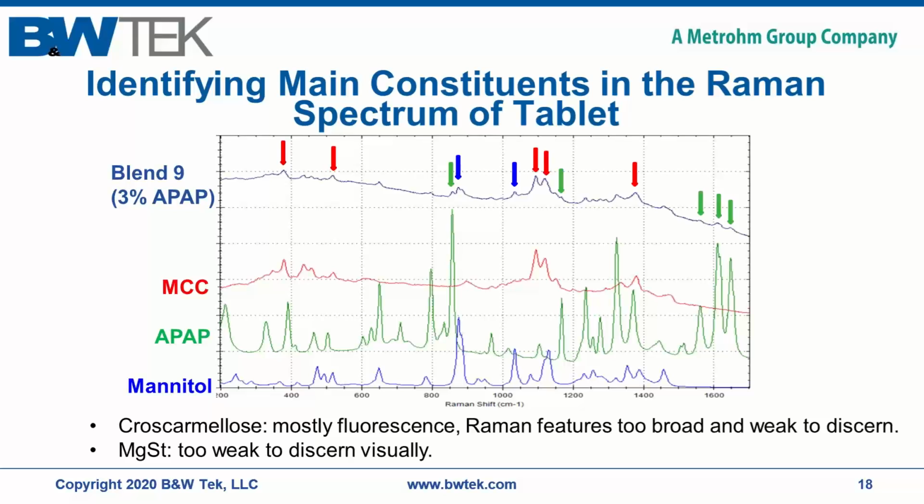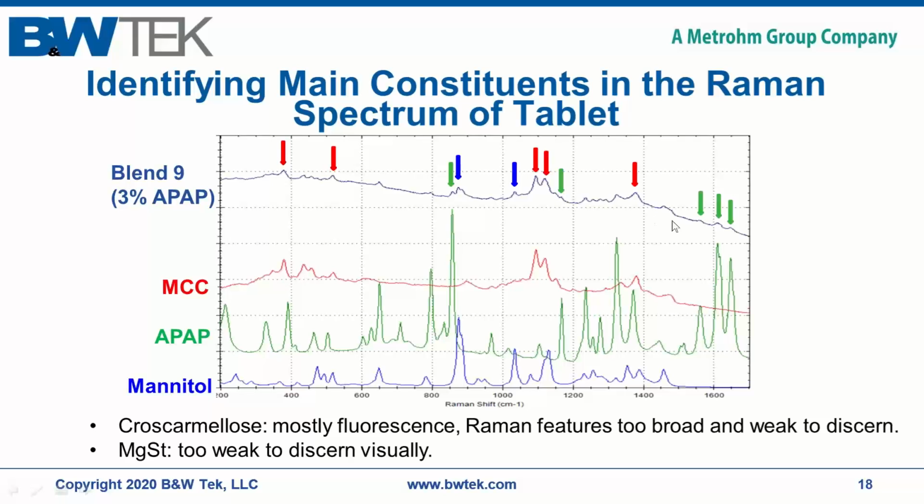And this is showing us how good the Raman spectroscopy is for the materials that we're wanting to measure. And this is a very good first step before developing a calibration model, is to look at the Raman spectra of each one of the ingredients with that of the blended material. And here we see that we have very strong signal from our mannitol, one of our excipients, from our APAP, the active ingredient for which we want to quantify, and the microcrystalline cellulose.